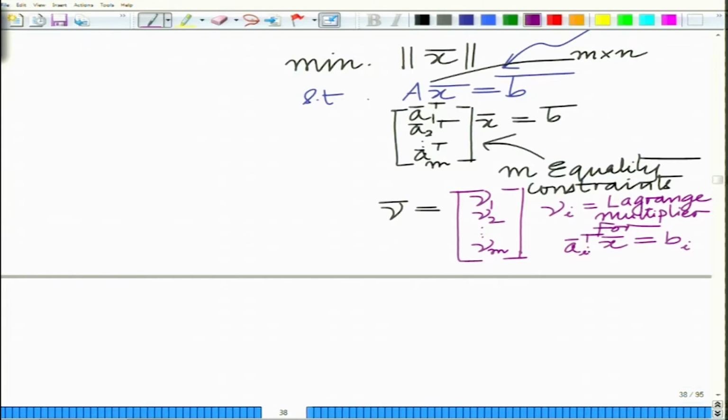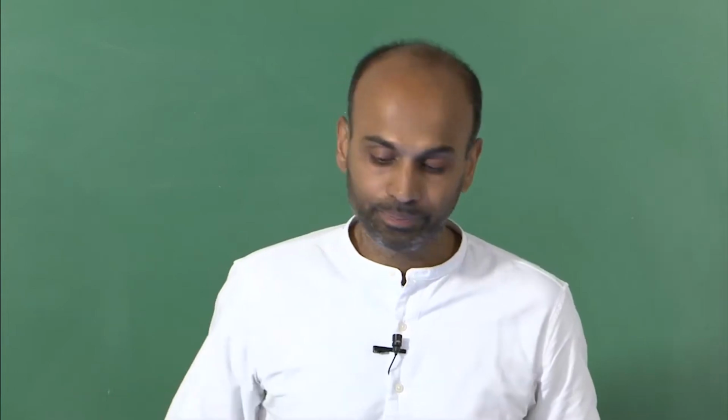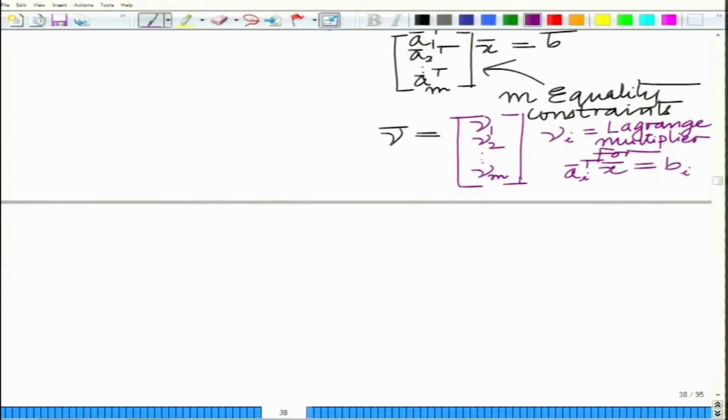Okay, so this is for the ith constraint. All right, so you have m constraints, one corresponding to each row of the matrix A. The corresponding Lagrange multiplier is nu i. All right, and therefore you have the vector nu bar, which comprises the Lagrange multipliers nu1, nu2 up to nu m. Okay. Now the Lagrangian can be formulated as follows.